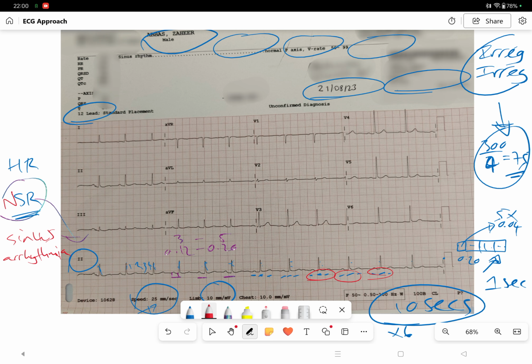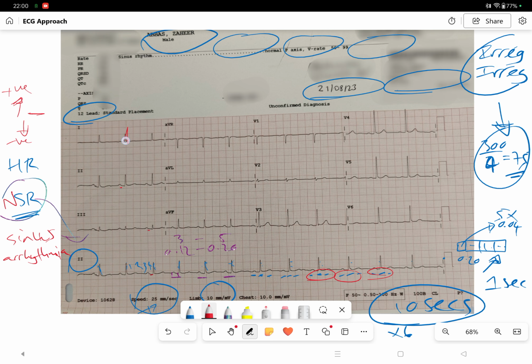Once I've done this bit, I then move on and start looking at other things. So I look at lead 1 and I look at the deflection being positive. Remember, if you watched the previous video, you'll recall that the PR segment, not the interval, the segment, essentially sets our baseline, and anything going above that is a positive deflection, anything below that is a negative deflection, from the PR segment, not interval.